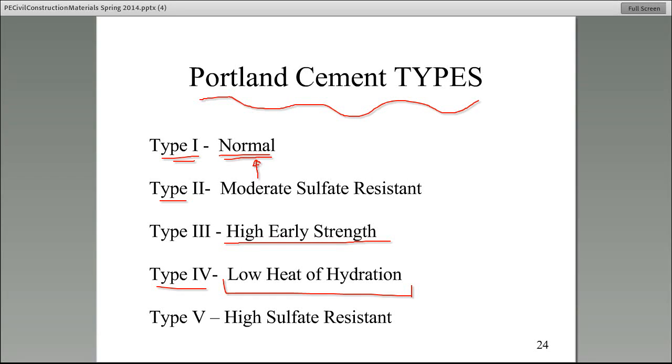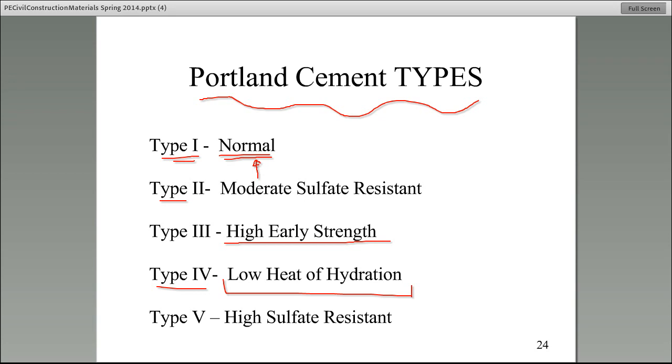But Mary Hill is saying hot weather. Yeah, hot weather, and David says hot weather. That's one of the main reasons you would use low heat of hydration. If it is during summer times, or if it is in Texas, for example, when it's hot weather, so you can benefit from that low heat of hydration.